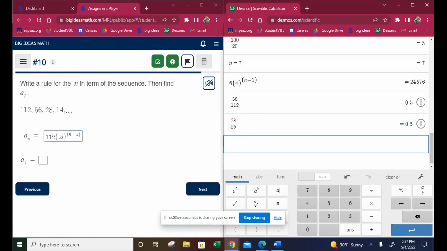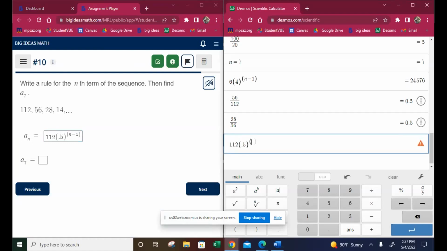And then you can rewrite it like you did there. 0.5 parentheses, exponent parentheses. Now see, it knows that your n is 7 from 3 or 4 lines up.